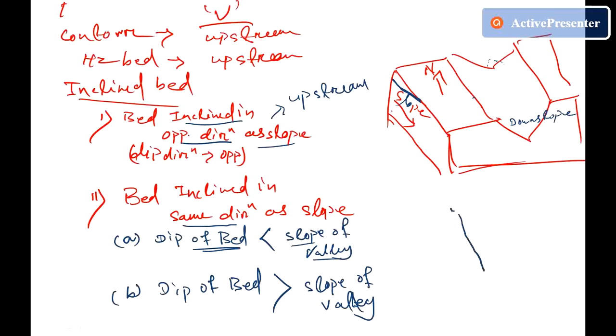This is the valley. Let's say this is the angle of inclination of the ground surface. Now you can see how steep it is. This is horizontal and this is the slope.